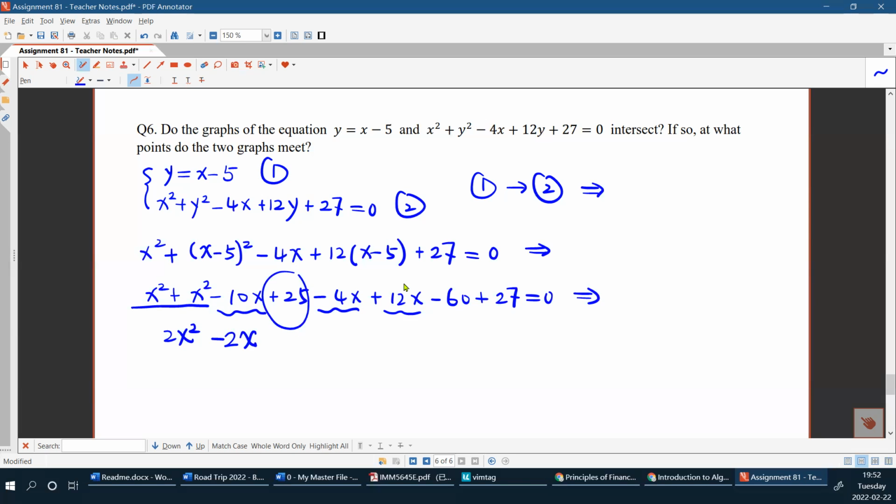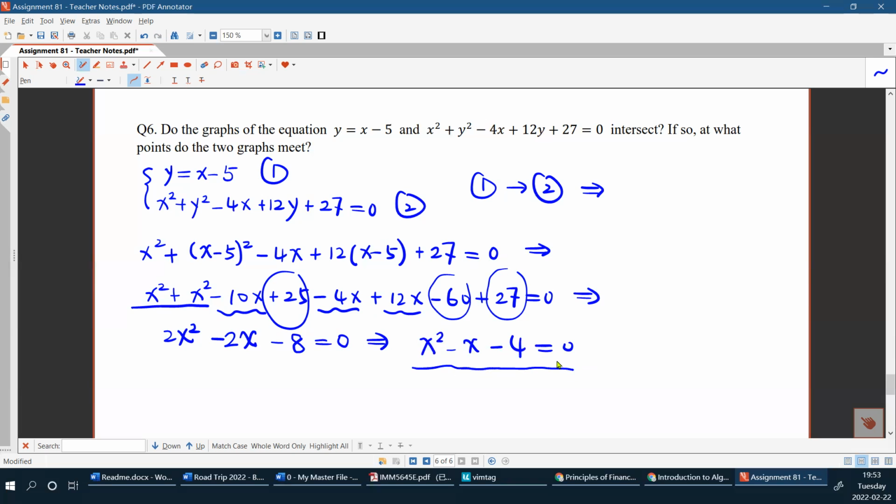Then plus 25 minus 60 plus 27 gives us negative 8, equals 0. Then we can divide both sides by 2, which means x squared minus x minus 4 equals 0.